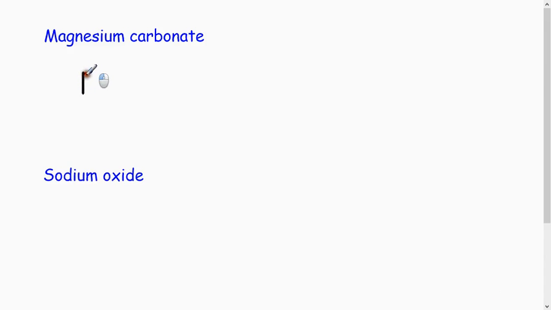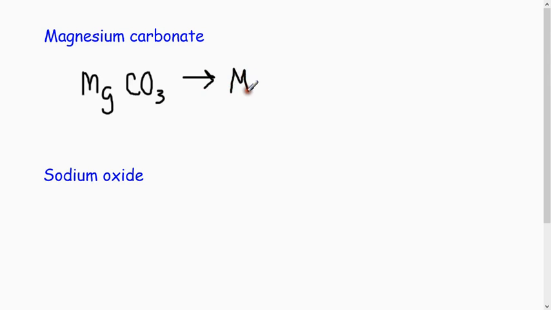Magnesium carbonate. Magnesium is Mg. Carbonate is CO3. Magnesium has a +2 charge. Carbonate has a -2 charge. So if I were to crisscross those, it just gives me MgCO3. Carbonates decompose into oxides.